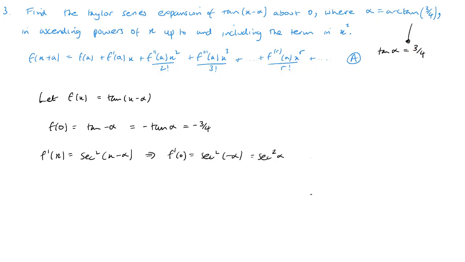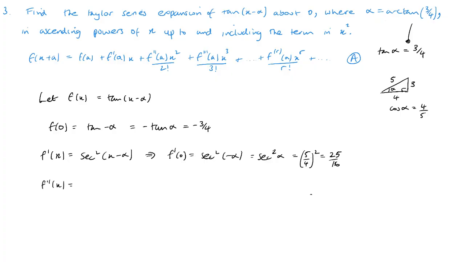Now we can use this up here to just, without working out what alpha is, tan is opposite over adjacent. So this hypotenuse is going to be 5. So cos alpha will be adjacent over hypotenuse, which is 4 over 5. So this will be 5 over 4 squared, or 25 over 16.